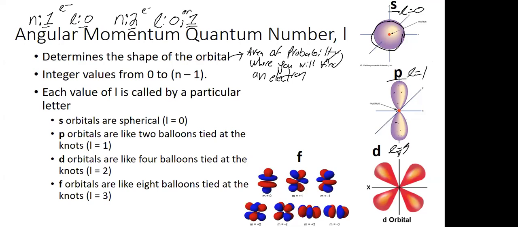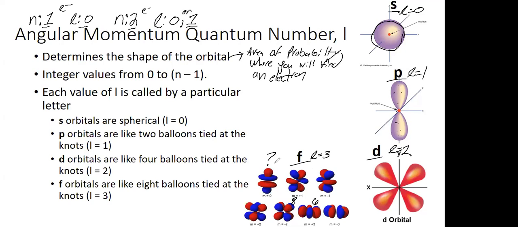L equals 2 is the d orbital, and it's like 4 balloons tied together. L equals 3, the f orbital, super complex. You can either be like 8 balloons, or you could be like 6 balloons, or you could be this weird thing, which I don't even know how to call.